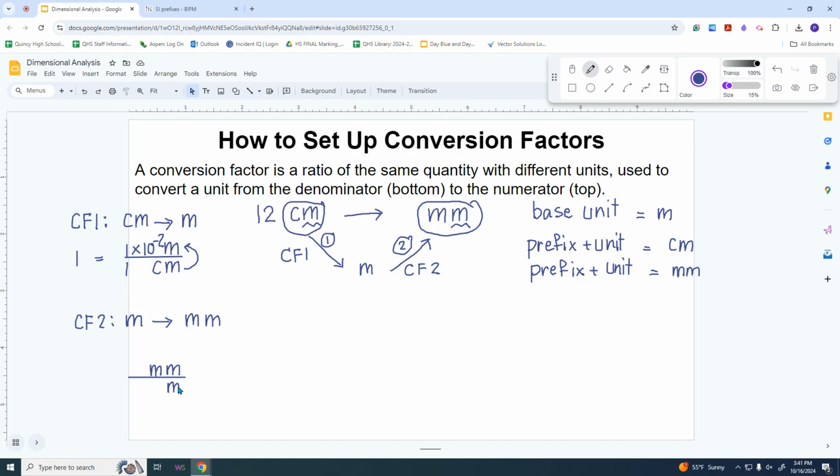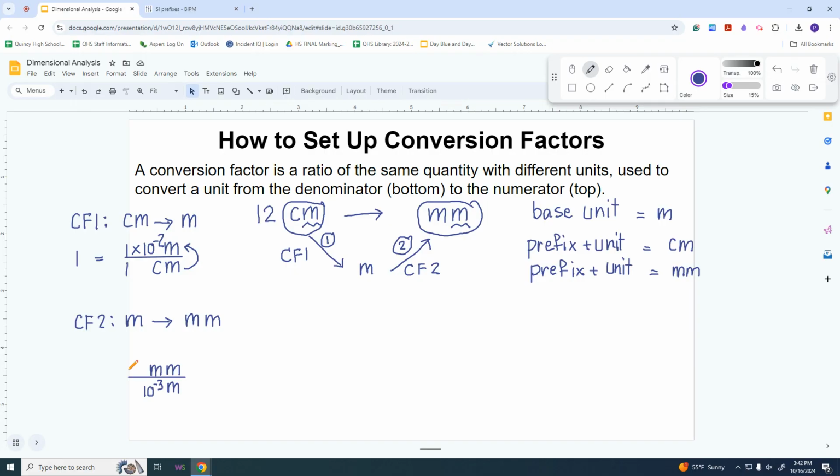So in this ratio you have meter and meter that look the same. The prefix milli has to have something that's the same thing, that is 10 to the negative 3. So you have to know your prefixes, okay?